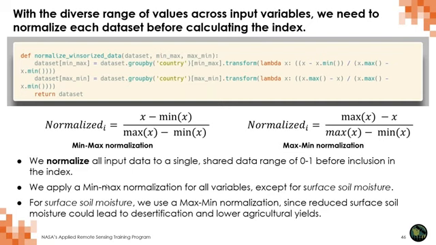The second function, max-min normalization, is used as an inverted version. This allows us to handle variables where the lowest value is the worst. For example, for surface soil moisture, we use this max-min normalization under the hypothesis that reduced surface soil moisture leads to desertification and lower agricultural yields. For the rest of the variables, we use min-max normalization, and that's more common in the space.